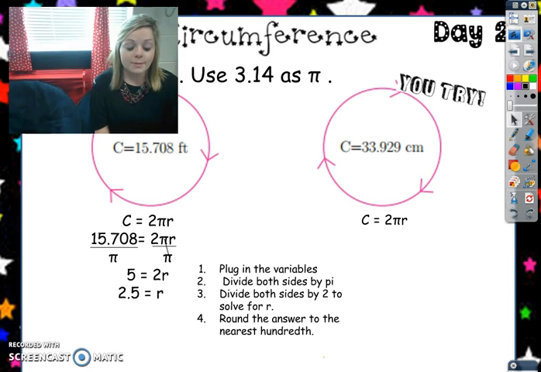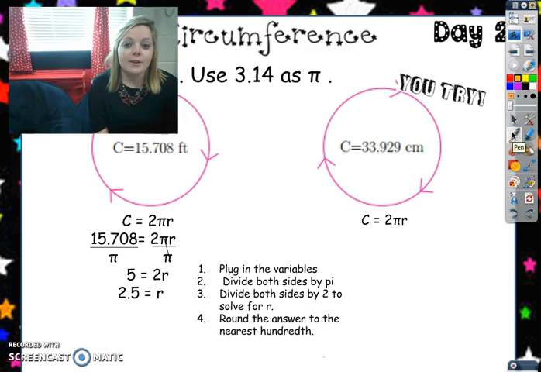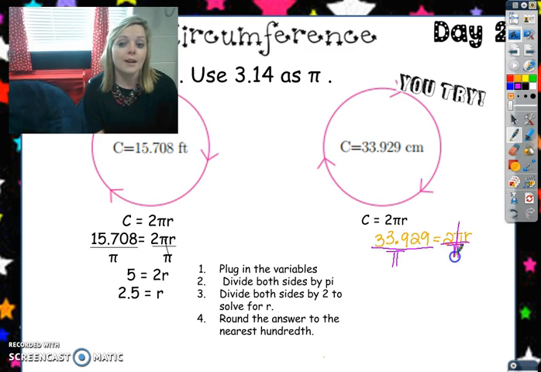Okay, so go ahead and stop the screen and try the second question. For the second question, we're given circumference equals 33.929. We're trying to find our radius, so we're using 2 pi r, which equals circumference. We need to divide both sides by pi first to begin solving for r.